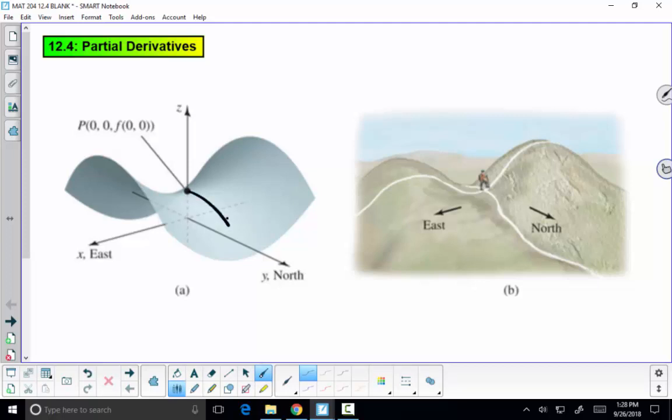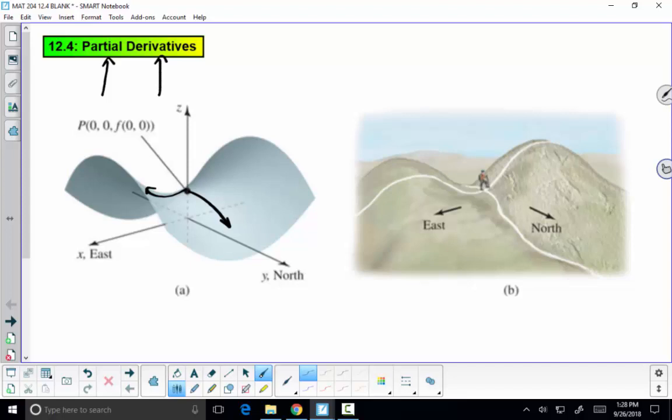Here we're going in the positive y direction, and here we're going in the positive x direction. We want to analyze those two rates of change. Those two are going to have specific names. They are called the partial derivatives.